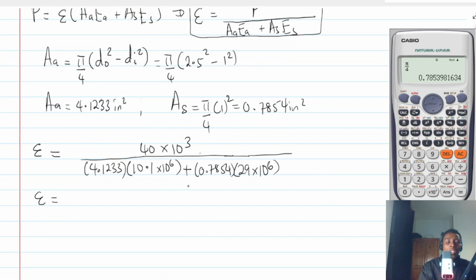Now what will be the formula for the strain? Let's calculate it.